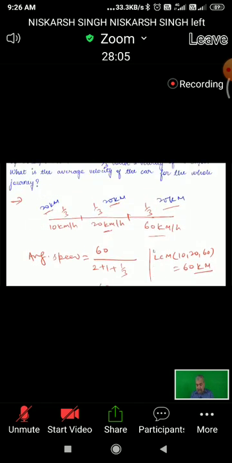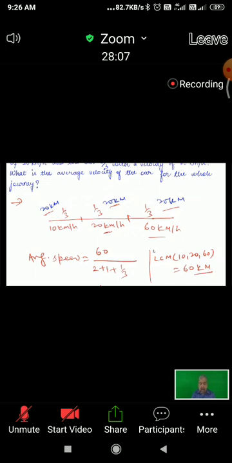You can see from the beginning, here distance is not given, so I have used the general approach and I have taken LCM of the speeds, 10, 20 and 60. LCM is 60 kilometers. Now 1/3 of the distance is 20, so I have written here 20, 20 and 20.